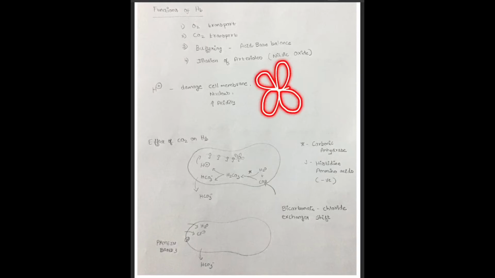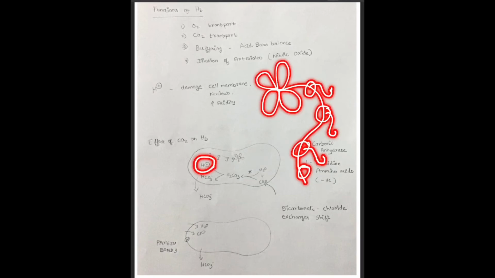the hemoglobin has a globin chain. The globin chain is made up of amino acids, and a type of amino acid, that is histidine, has a hook-like structure, like a fish hook to catch a fish. This hook will catch the excess hydrogen ions inside the RBCs with the hemoglobin.